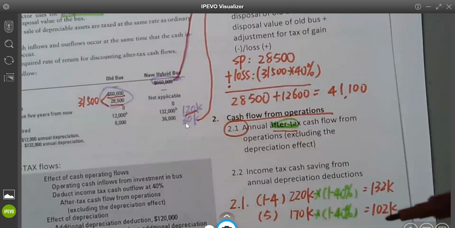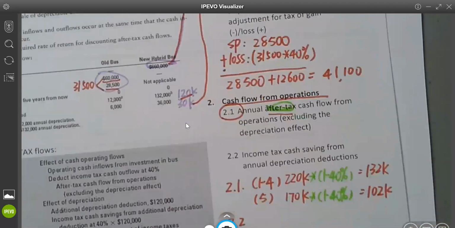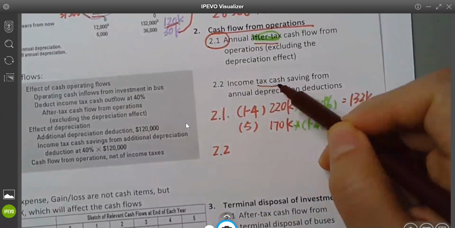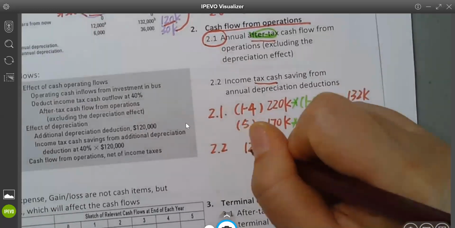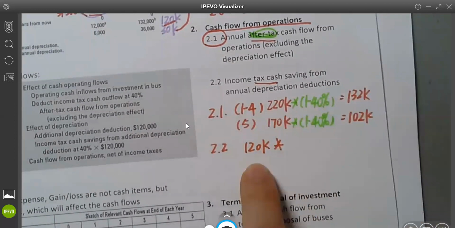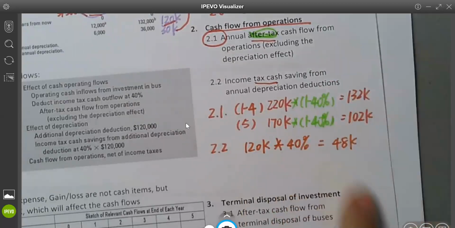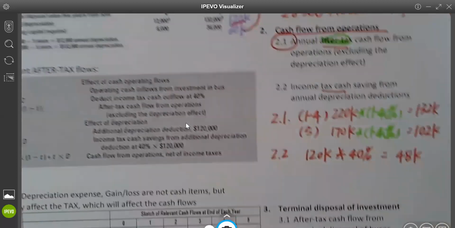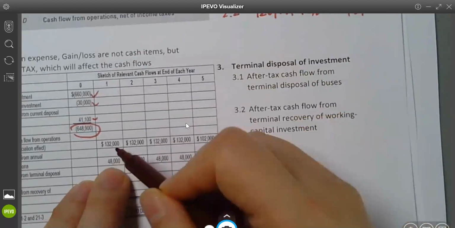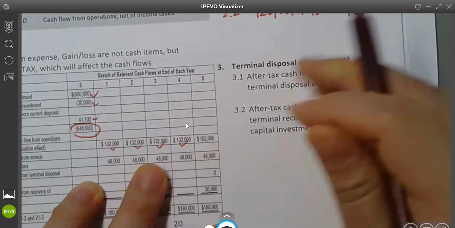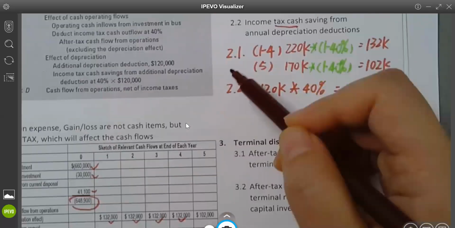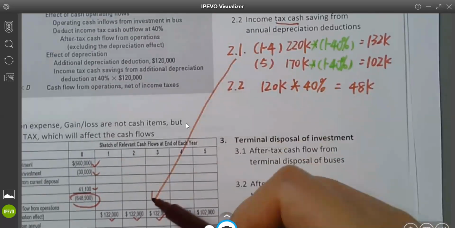When you have a loss, you have a tax saving. When you have more expense, you have a tax saving. You have extra 122,000 of the expense, and you save 40%. So every year you save 48,000 from paying less tax. So year 1 to year 4, you have 132, 132, 132, 132 from your operation.